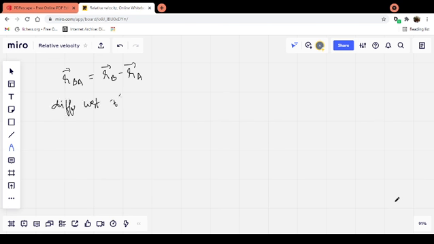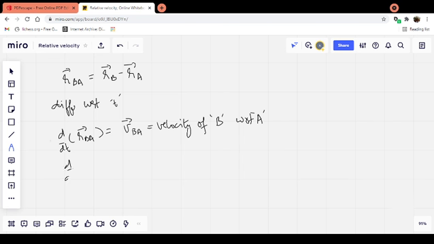What would the differentiation of position of B with respect to A represent? This would represent the velocity of B with respect to A, that is the velocity of B as seen by A.